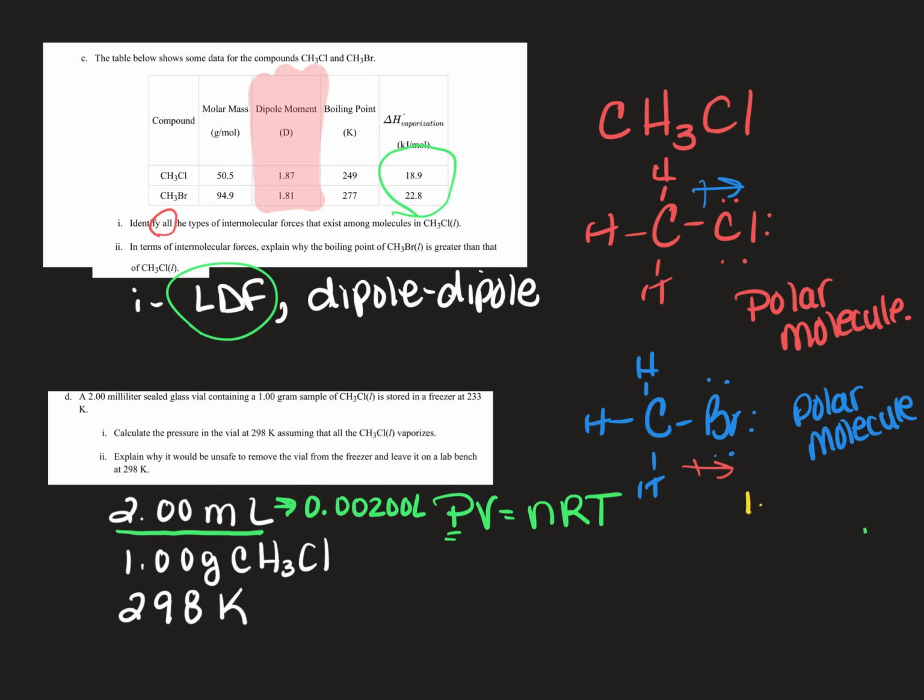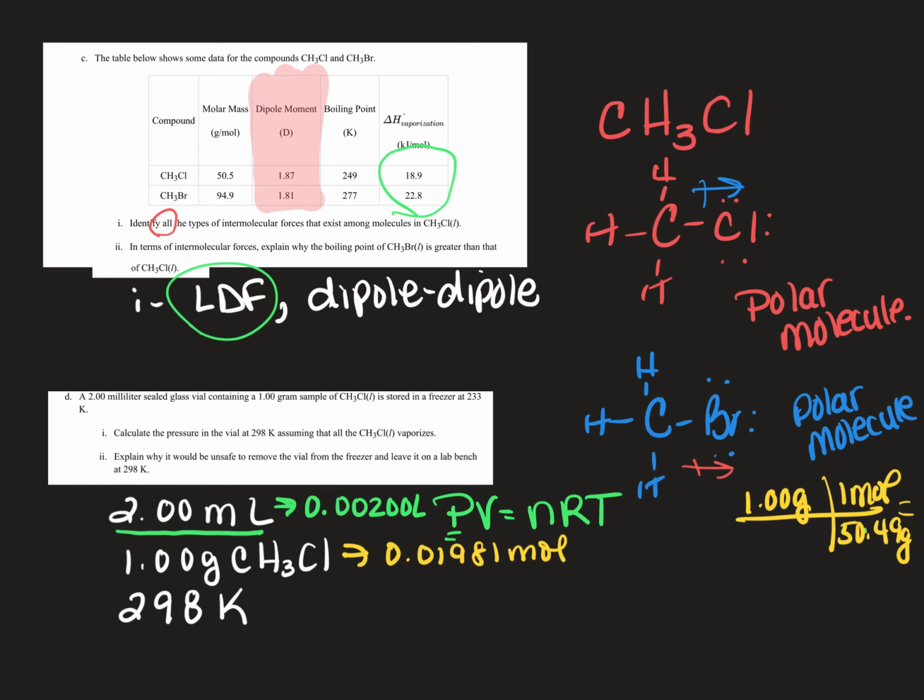So I have to take the 1 gram and convert that into moles. So that's going to be 12.01 plus 3.03 plus 35.45, which gives me 50.49 grams. So I'm going to take 1 divided by that number. And that means that I have here 0.01981 moles. And then I have the temperature in Kelvin.